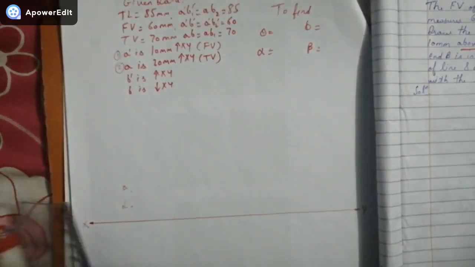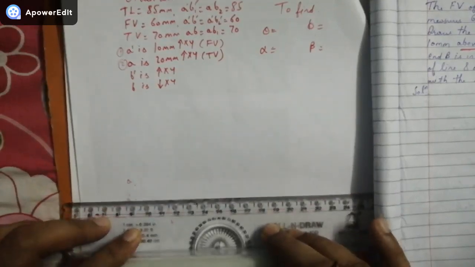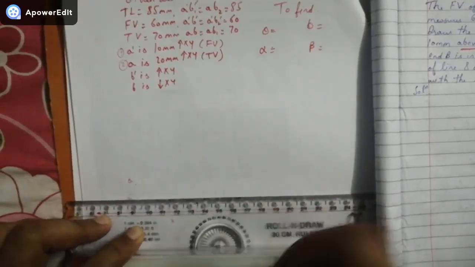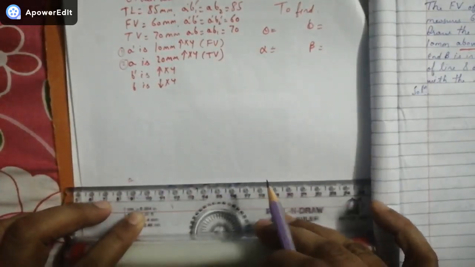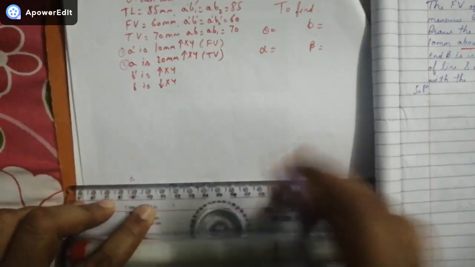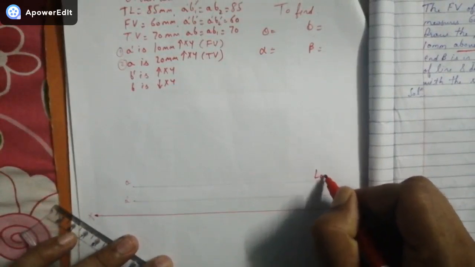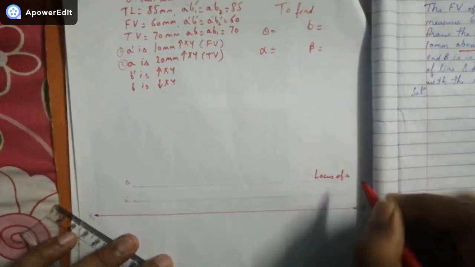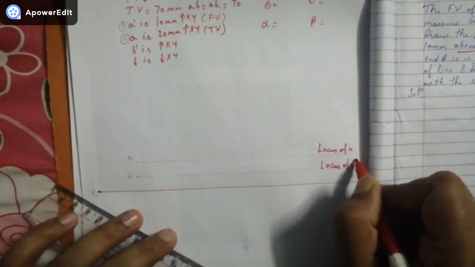Then I can mark the loci of both parallel to the XY line. Over here the locus of A dash and over here the locus of A. This is the locus of A and this is the locus of A dash.